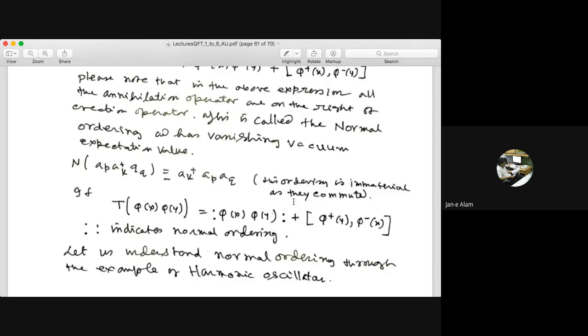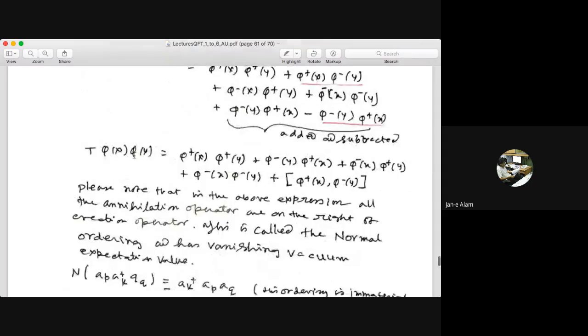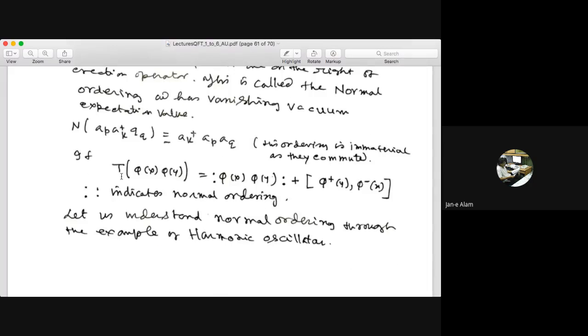Now, this time order product of two fields, phi x and phi y, I have written in such a way that wherever there is an annihilation operator, it is on the right. That is what is called normal ordering, and the rest is a commutator. So this time order product phi x phi y, I can write notationally as this, colon phi x phi y colon, plus a commutator.